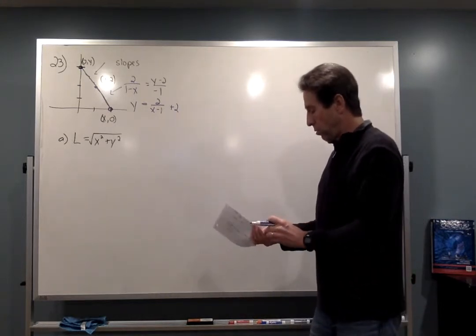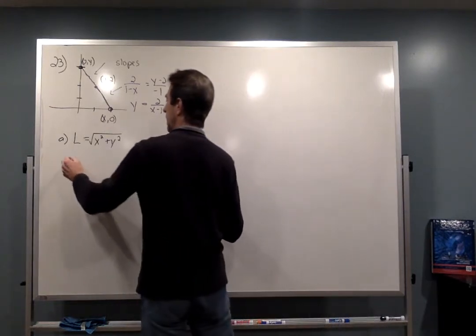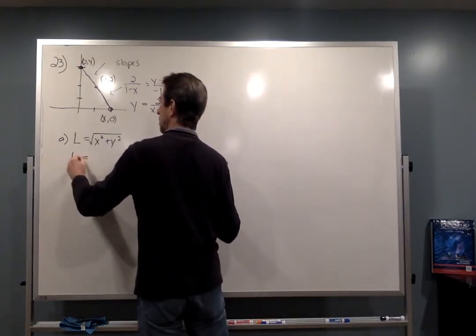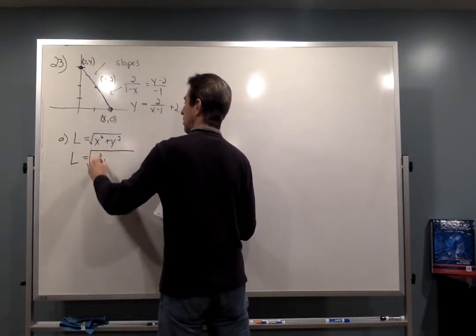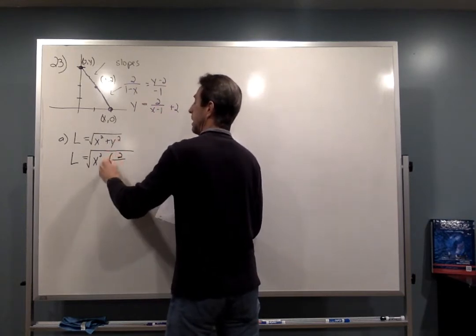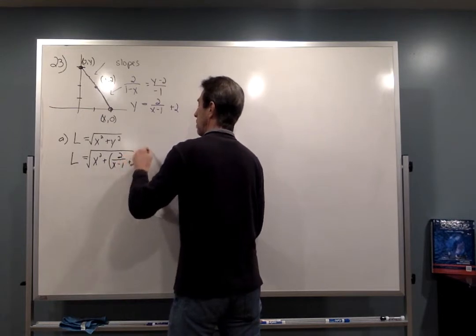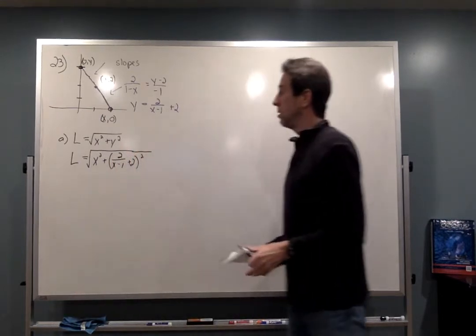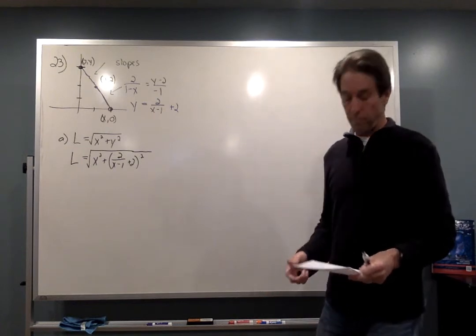So now what I have is a length formula, the square root of x squared plus all of that squared. And again, some algebra may be helpful before you would type this whole thing into the calculator. So for part A, that's the length in terms of x without being very simplified.